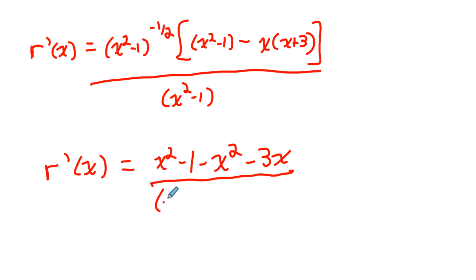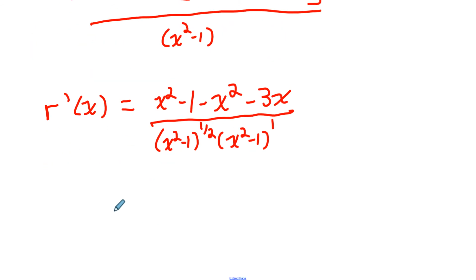All over the x squared minus 1 to the power of positive a half, so this power that I brought down, times this x squared minus 1 that's to the power of 1. One more line left. The derivative equals, collect our like terms, x squared minus x squared, those are gone. I've got a negative 3x minus 1.